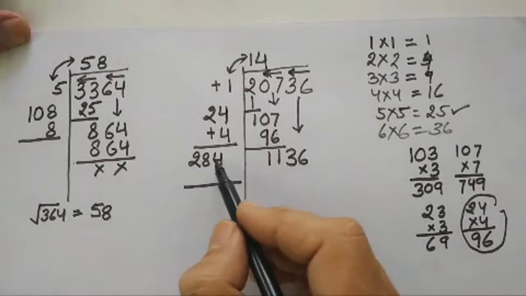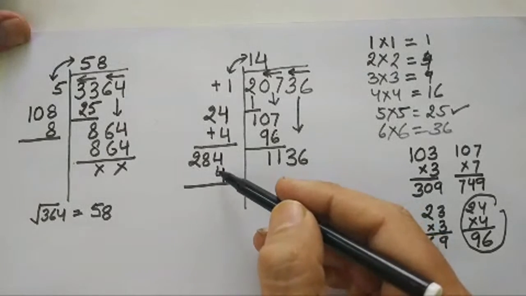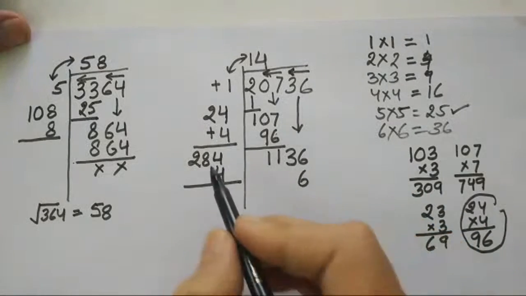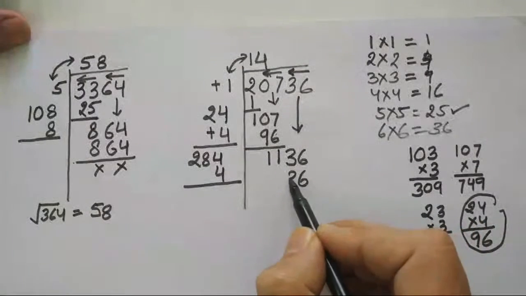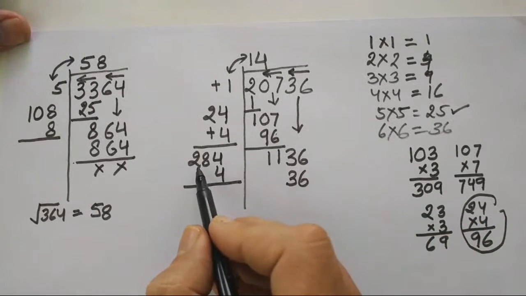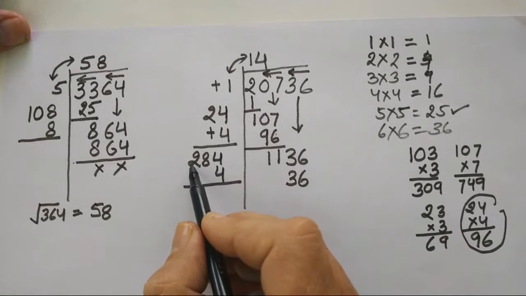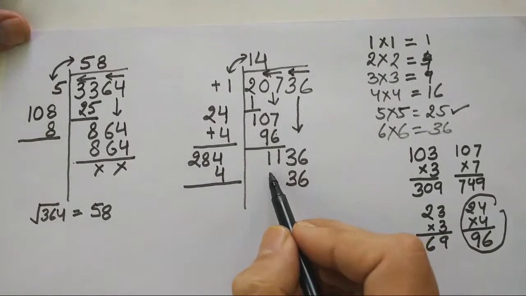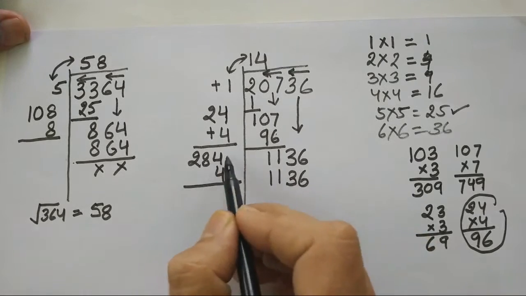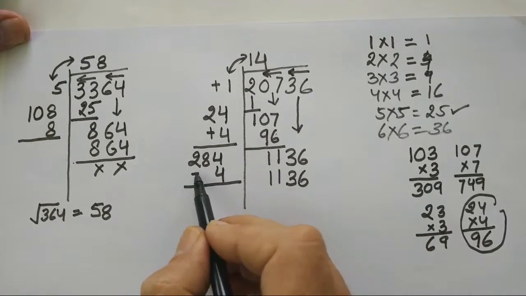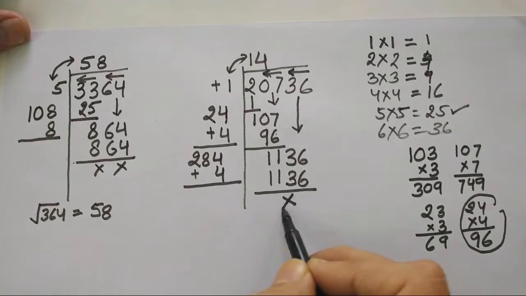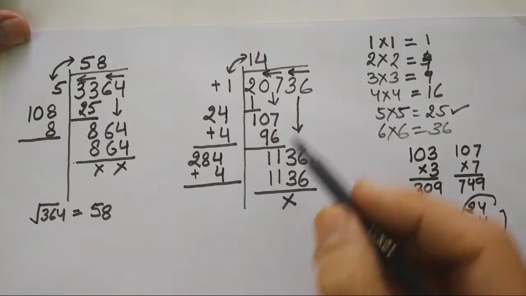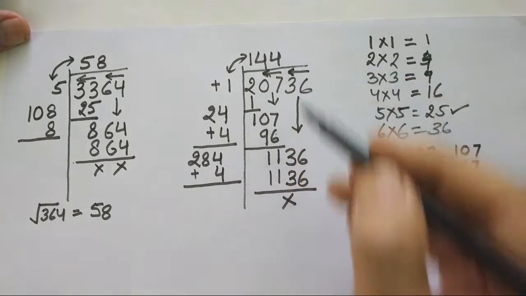And 284, when I multiply, 4 into 4 will become 16. 4 into 8, 32, and 1 will become 33. And 3 is left, so 4 into 2 is 8, and 3 is 11. So my number is 284 multiplied by 4, which gives me no remainder. So my answer is 144.